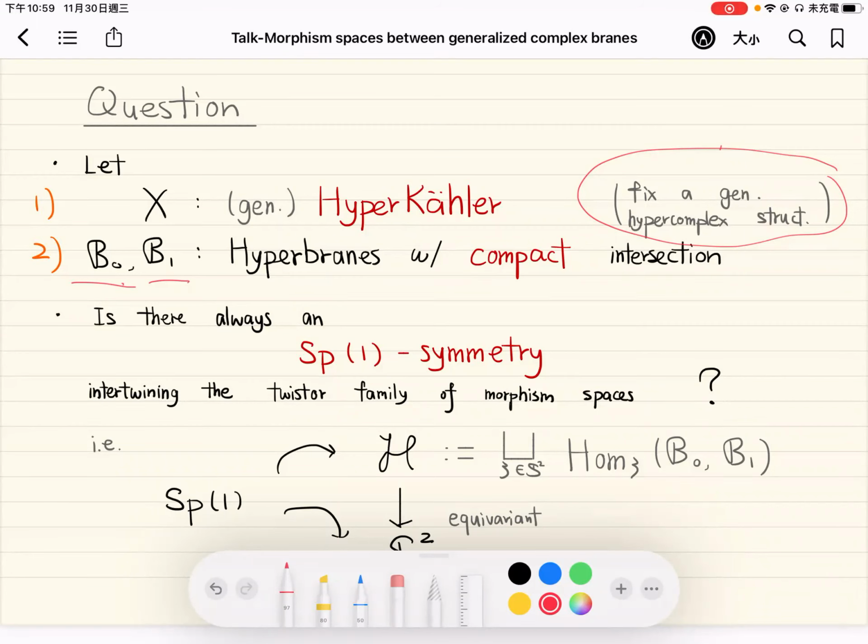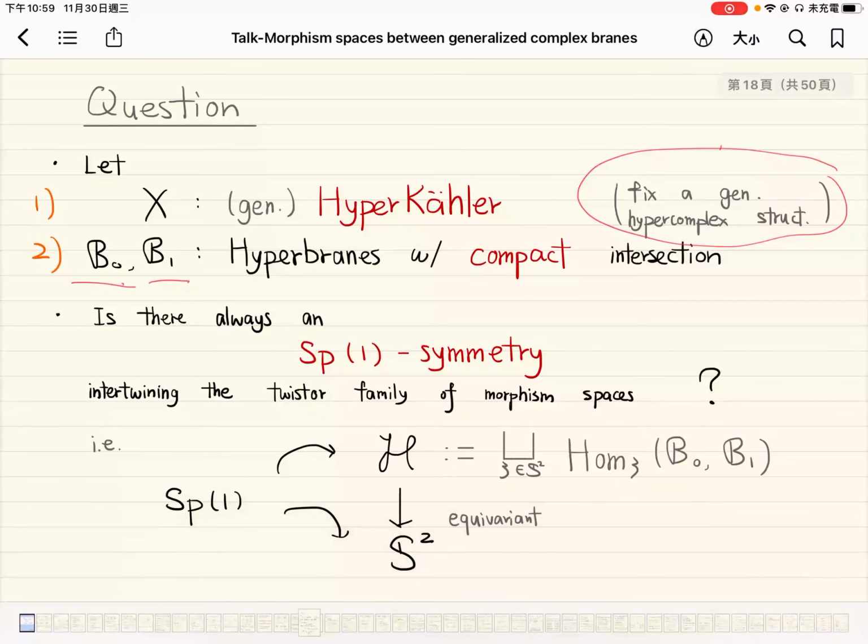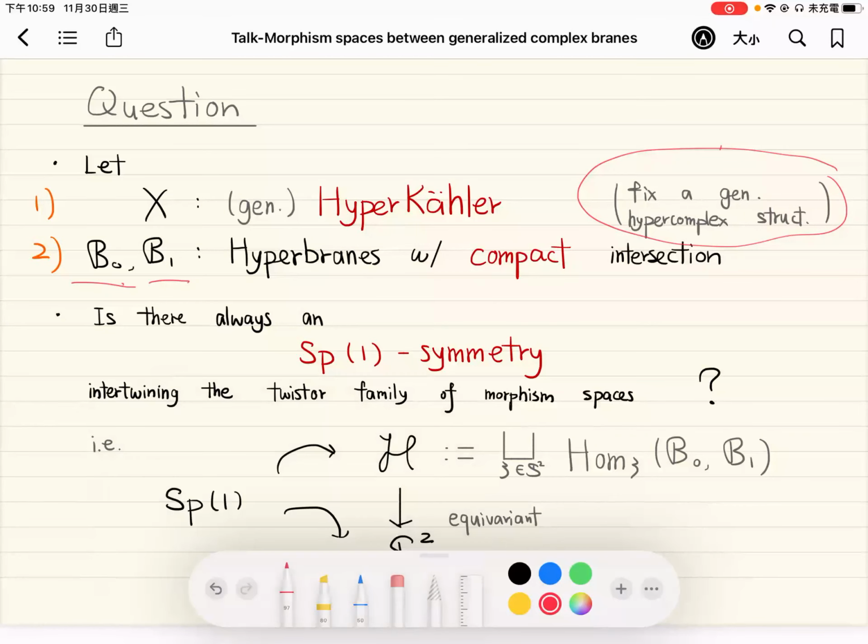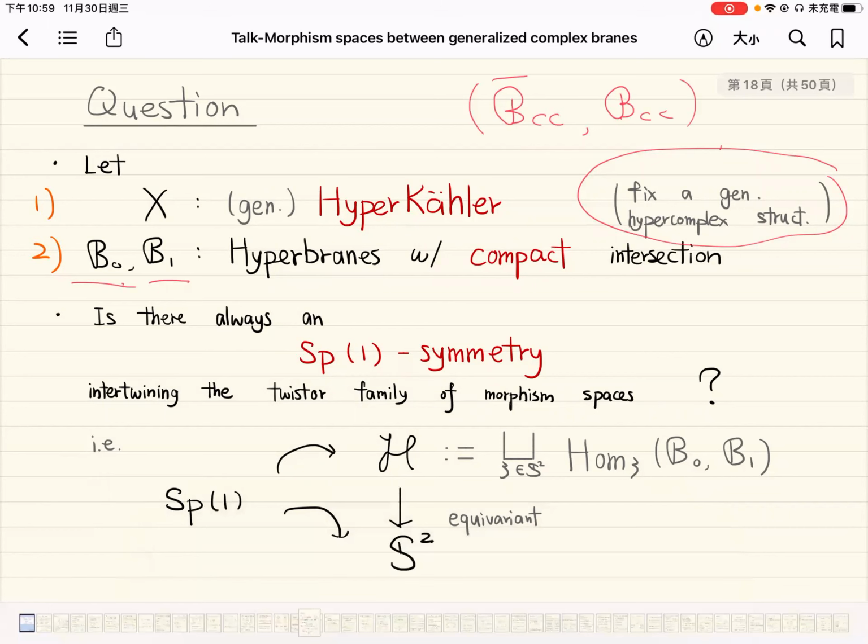That means, is there always an Sp(1) symmetry acting on a vector bundle over the two-sphere S2, where the fibers are just the morphism spaces between these two hybrid branes? So this is a central question in this talk, because our work will answer this question in the case of the BCC-bar BCC system. So I go to the next slide and show our work.